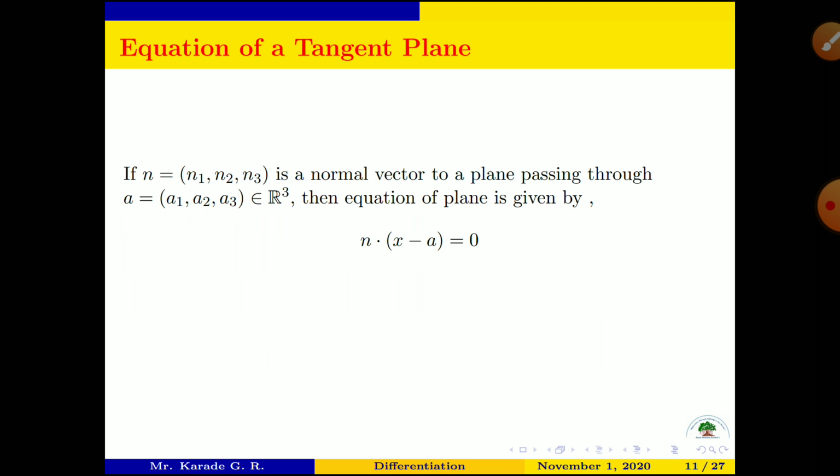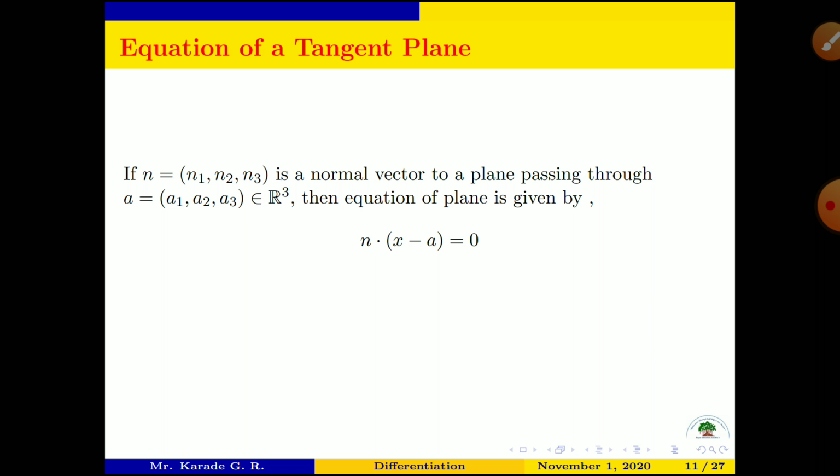Once again, if n = (n1, n2, n3) is a normal vector to a plane passing through a = (a1, a2, a3) in R3, then the equation of the plane is n dot (x minus a) = 0.